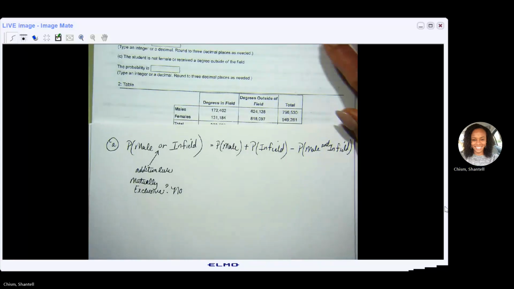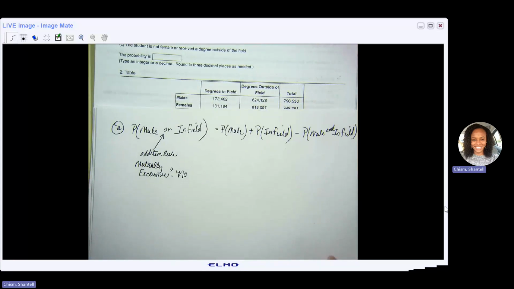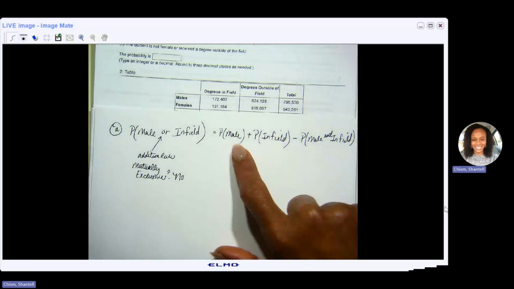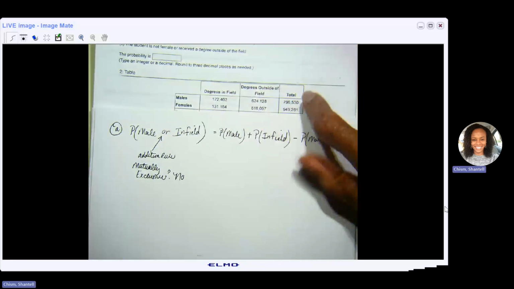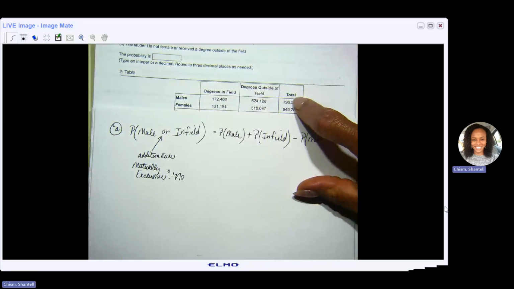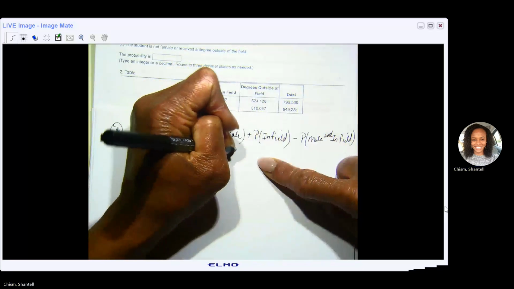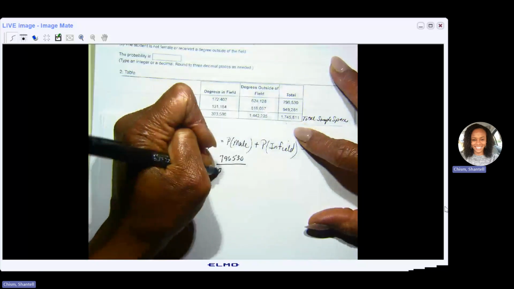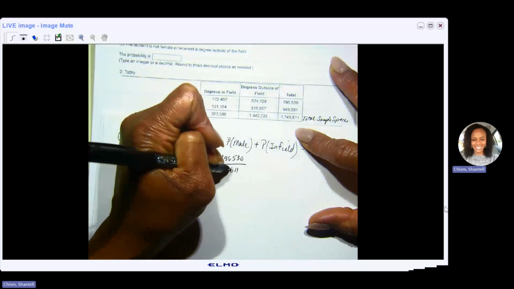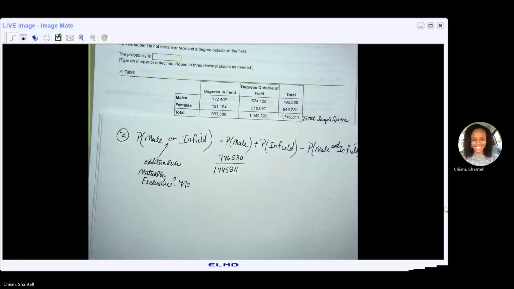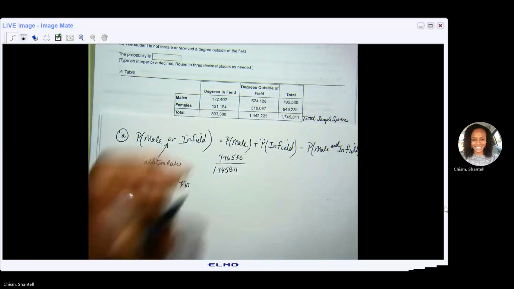Okay, so let's get the total males. We're looking for the probability of selecting a male in general, regardless of degree in field or outside of field. We've got 796,530 out of our total sample space, which is 1,745,811.